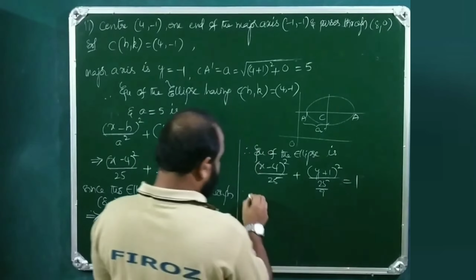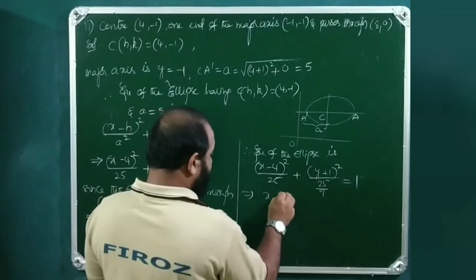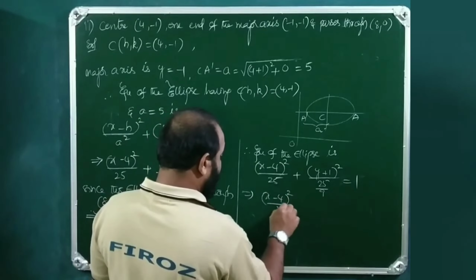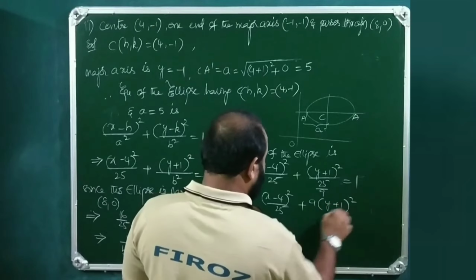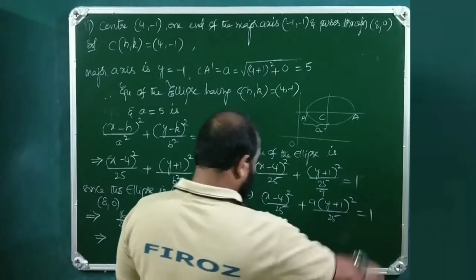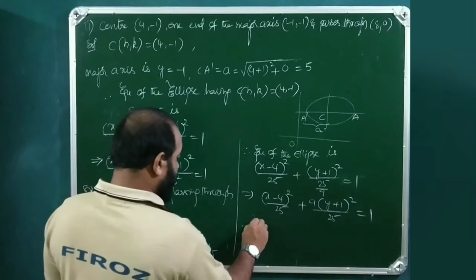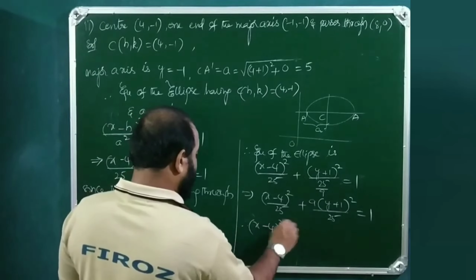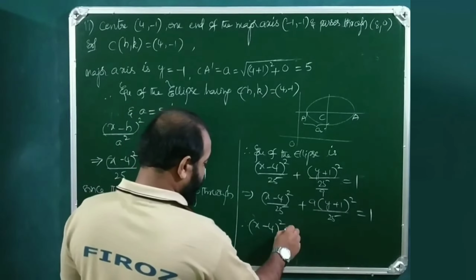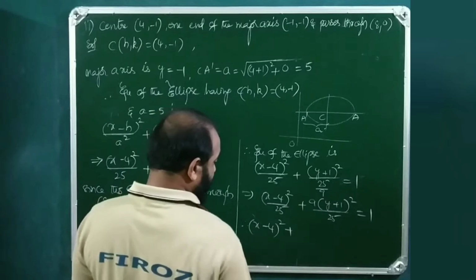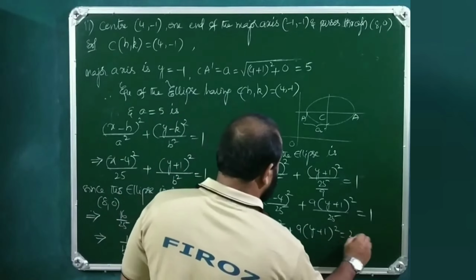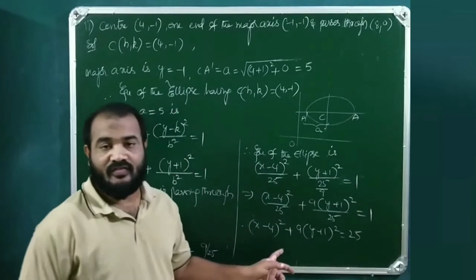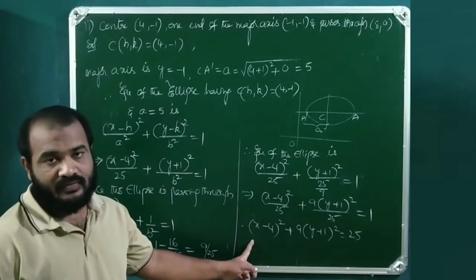This is equal to (x minus 4) whole square by 25 plus 9 into (y plus 1) whole square by 25 equals 1. Therefore, (x minus 4) whole square plus 9 into (y plus 1) whole square is equal to 25, which is the equation of the required ellipse.